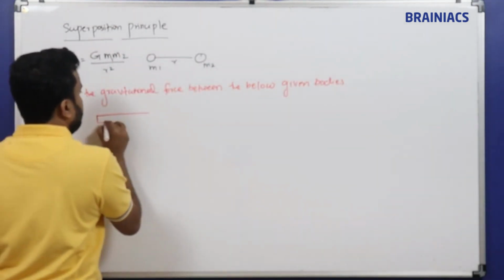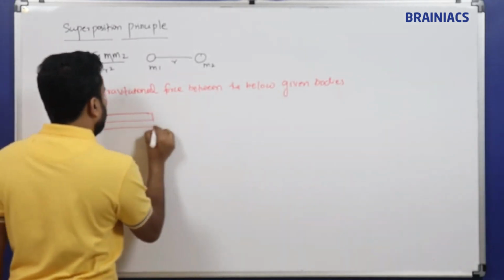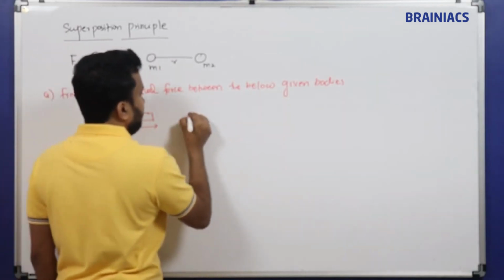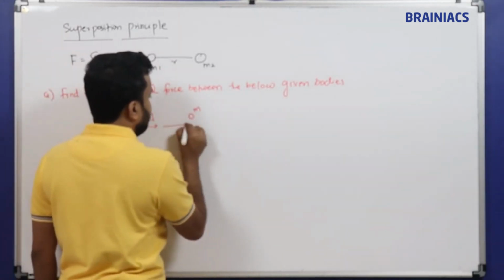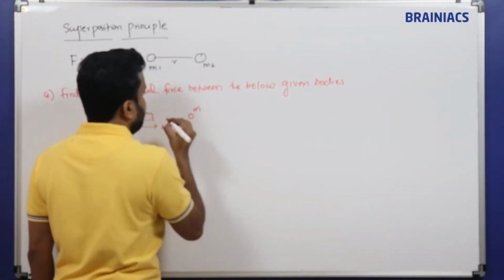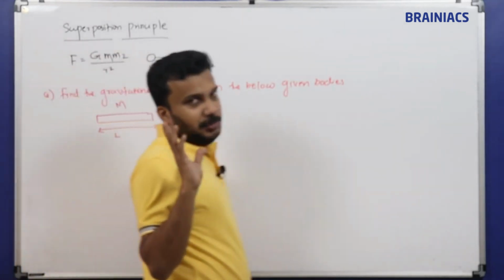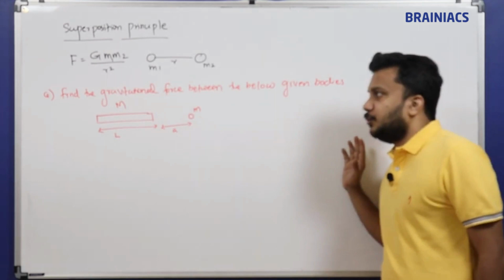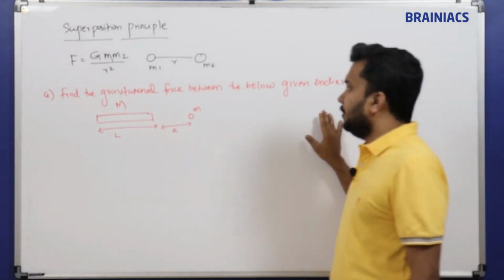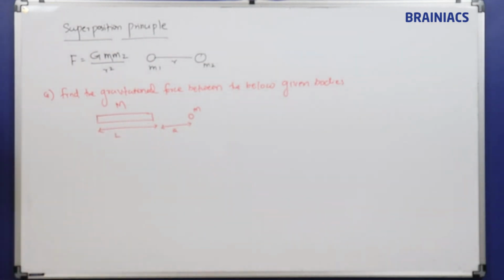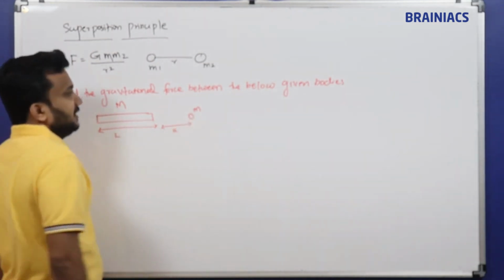First, it's a rod having length L, mass capital M. There is another point body m which is at a meters away. So how to find the gravitational force? Two bodies, so there is only one force. I need to find only one force. This is a rod having length L and a point mass m will be here.